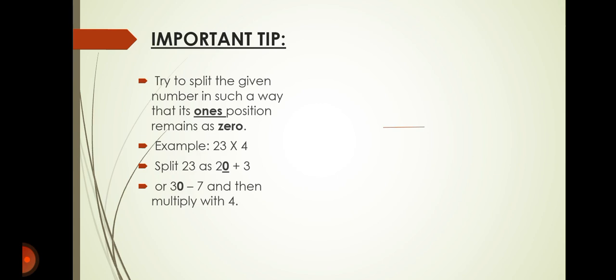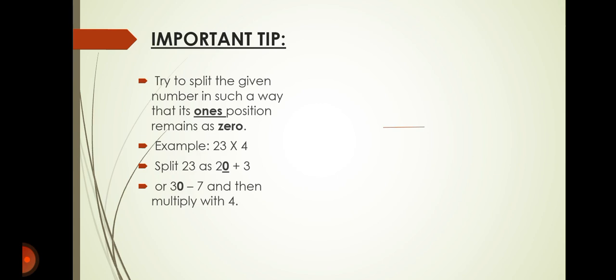It is not a 0. So we might face problems in calculating it. So for our ease or for our simplification, we try to put the ones position as 0. So 20 plus 3 or 30 minus 7 is very quick, very easy to solve the sum without any errors.